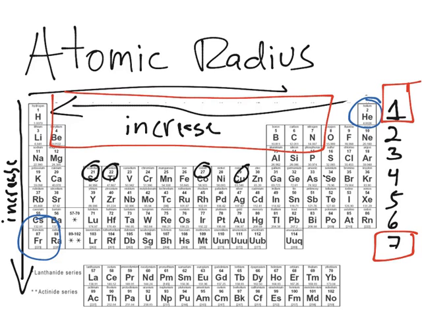But the noble gas core stays the same. You can think of this as the noble gas notation used in electron configurations. The noble gas will still be the same for that, but that doesn't really matter for now. There will be more attraction between the outer electrons and the positive nucleus as it goes from left to right, not from right to left.